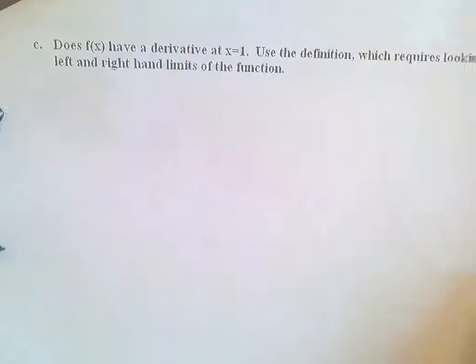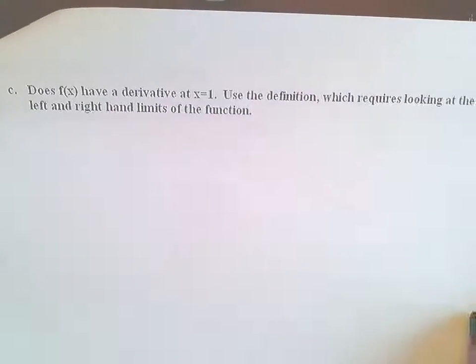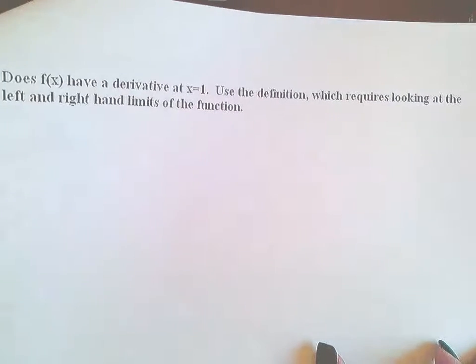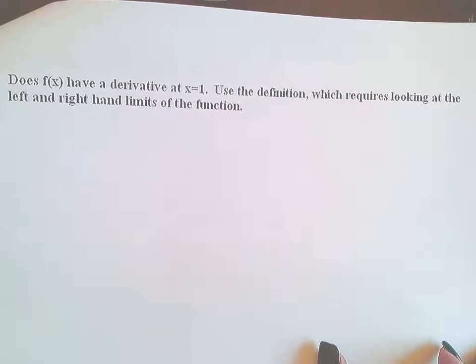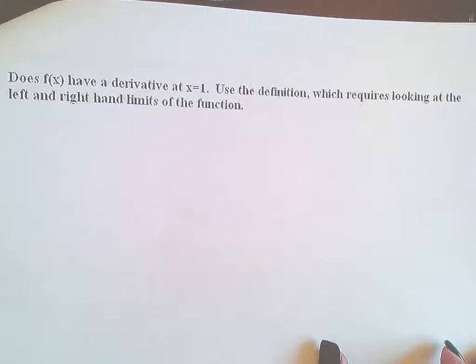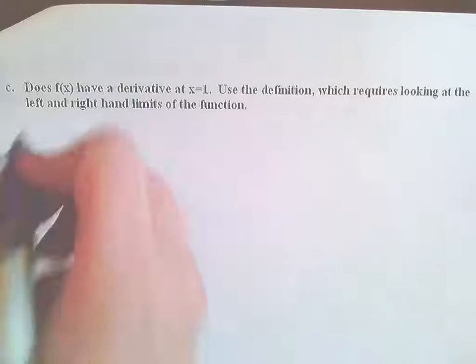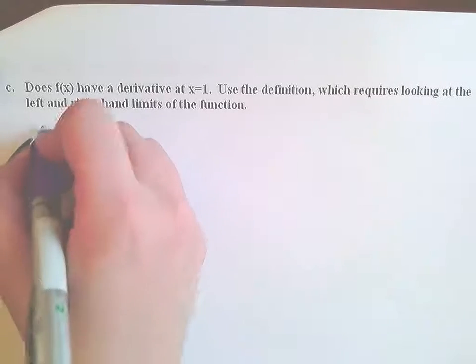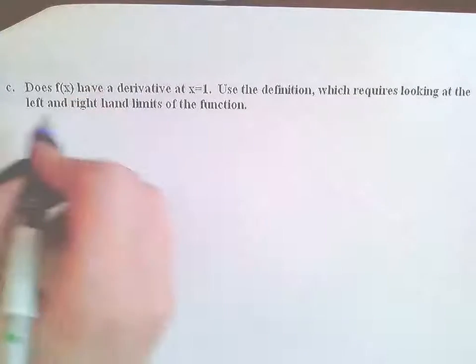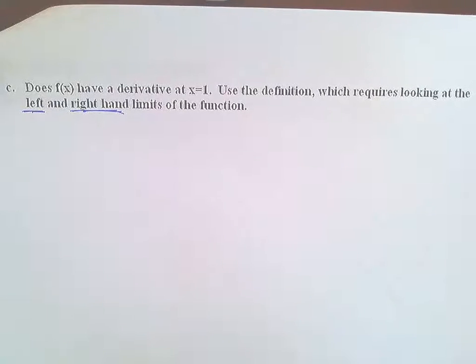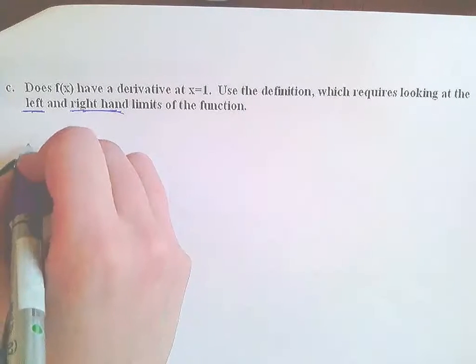Now the last question says, does f of x have a derivative at x equals 1? Use the definition, which requires looking at the left and right hand limits of the function. So, using the definition of derivatives, and we're going to do it both for the left and for the right hand because it is a two-part function.